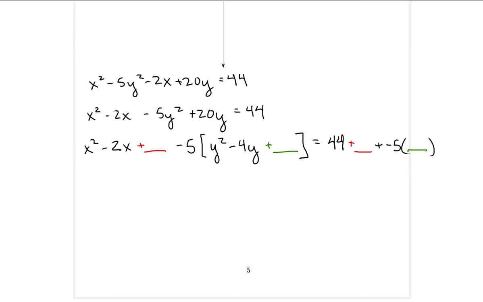All right, and then we can go about this process. So what do I put here, right? Well, we chop the middle coefficient in half and square it. So that's what I'm putting over here as well.